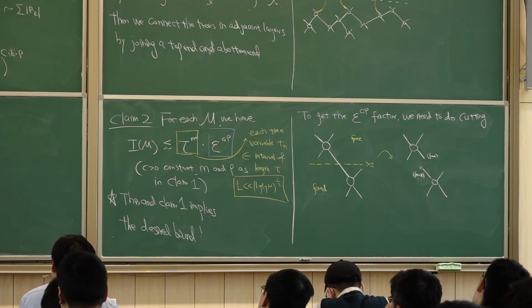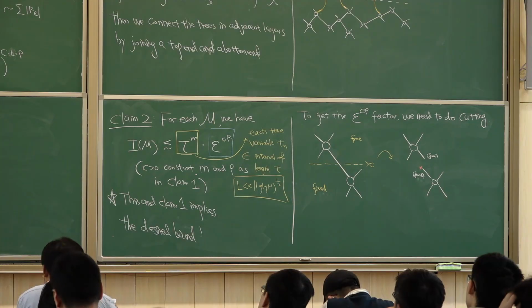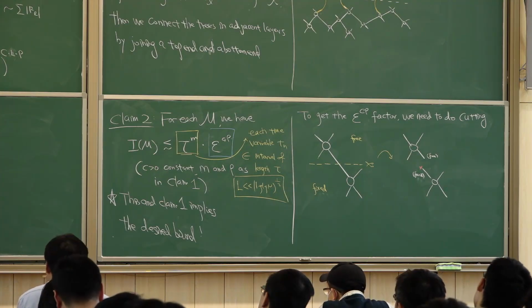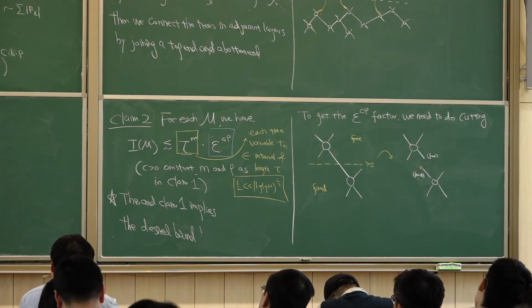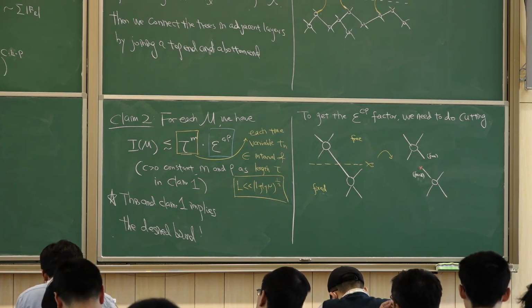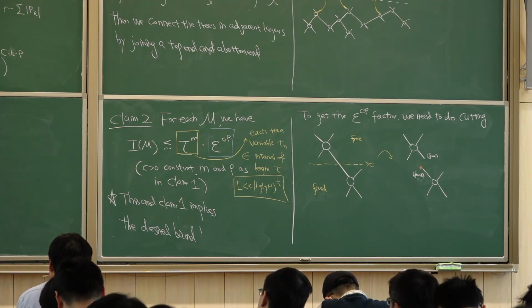Okay, so what does it correspond to in terms of the integral? Schematically, we think that I_M is an integral of whatever things, and then we have the product of d of all vector variables, the Z_e variables. So this whole thing is M. Let's call the free part M1 and the fixed part M2.